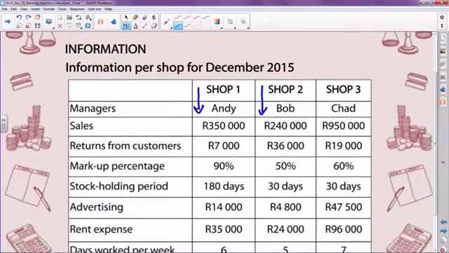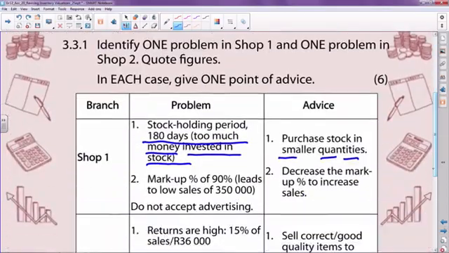By using a markup of 90%, you are reducing your sales figure, because obviously it's a higher markup, and when you have a higher markup, it reduces your sales. Therefore, you are telling the owner or the manager that what you have to do here is decrease the percentage markup on sales, because by decreasing the markup, you have the potential of increasing your sales, right? That was shop number 1.